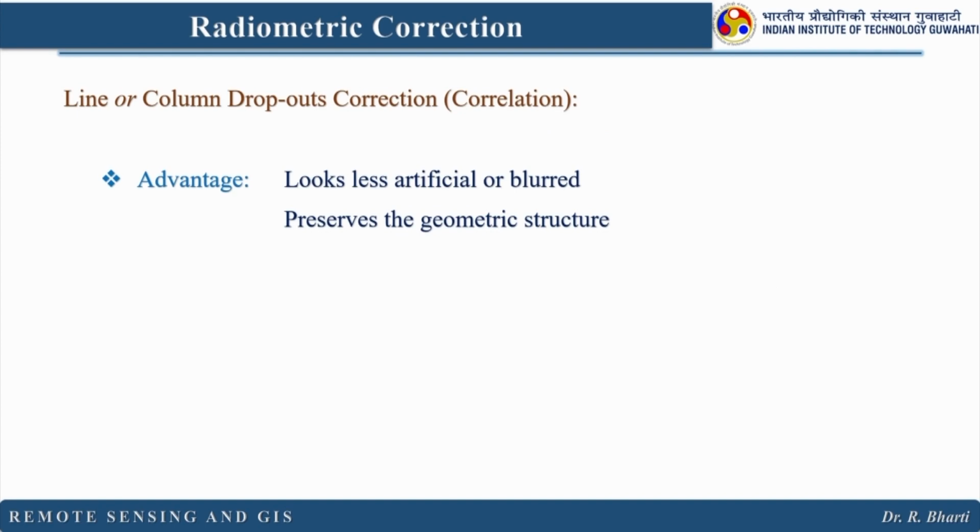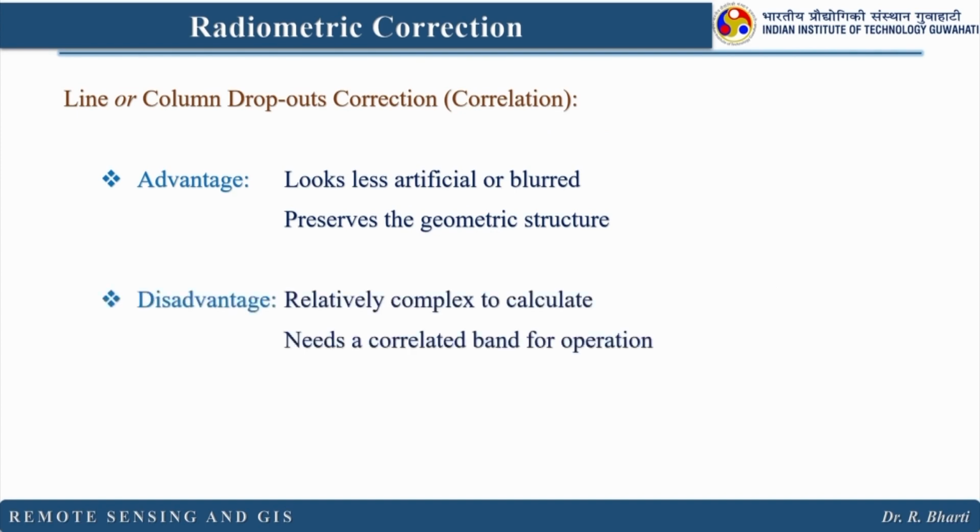Now, the next is what are the advantage and disadvantage with correlation. It is very obvious that whenever you use correlation and take out the values from highly similar bands, it will look much less artificial or blurred. It will be good, as you have measured it, and it preserves the geometric structure of that object. The disadvantage is that it is relatively complex to calculate and needs correlated bands for operation.